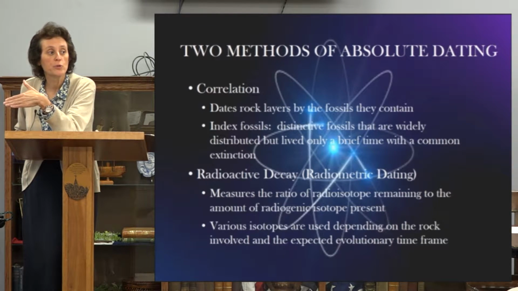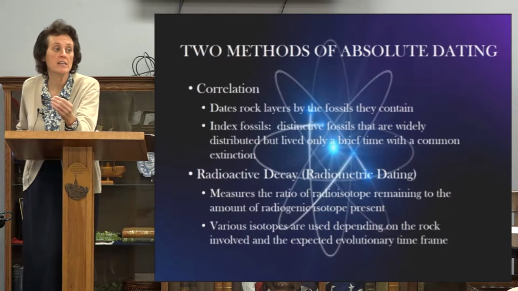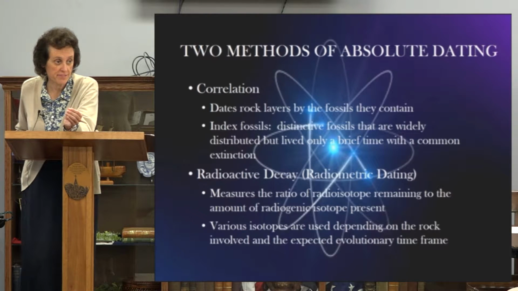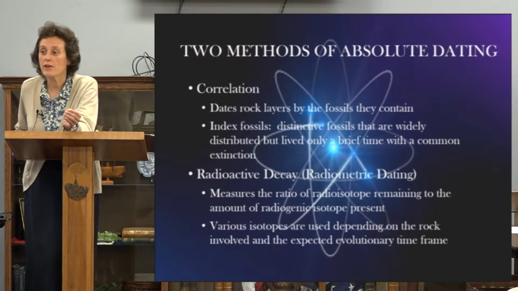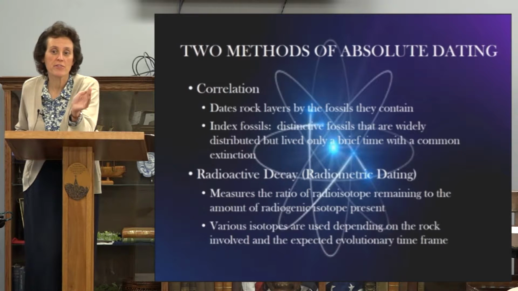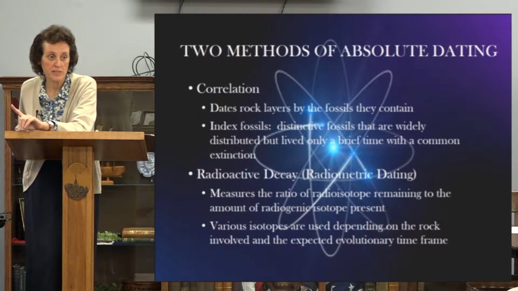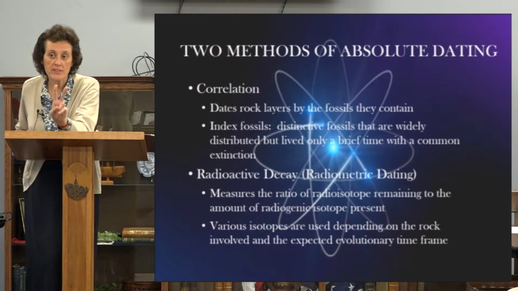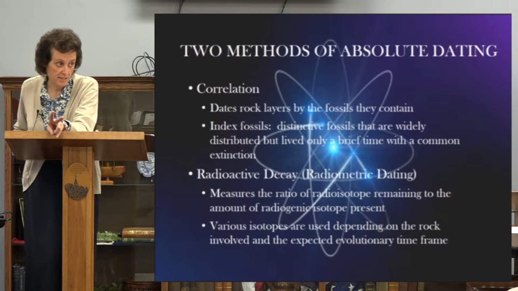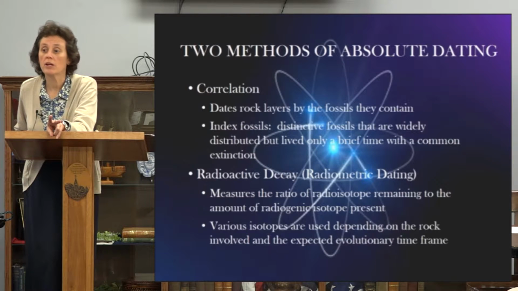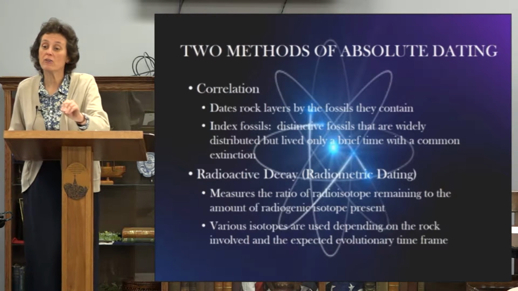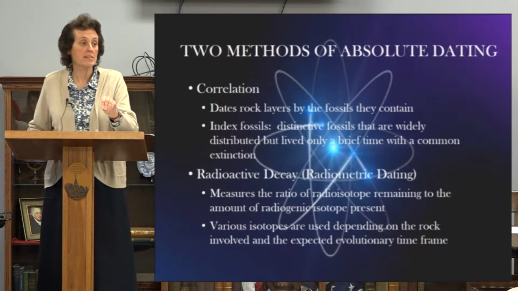And we're going to theoretically extrapolate backwards using that isotope's half-life to a theoretical point in time where the decay began. So it's a comparison, radioisotope versus radiogenic isotope in the sample. It's based on the half-life. And then we will extrapolate backwards to try to calculate when the decay process begins.